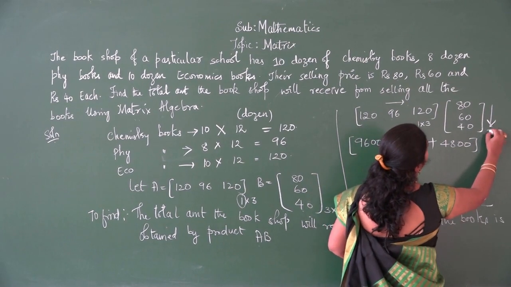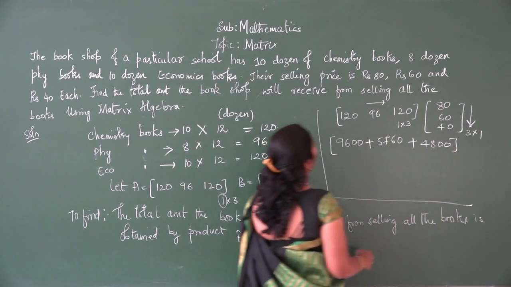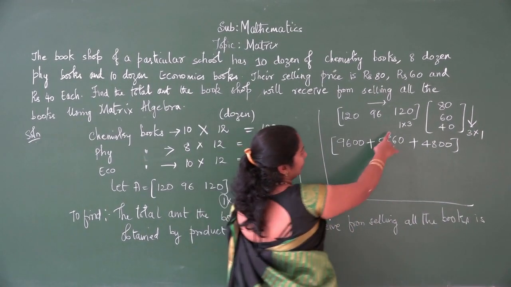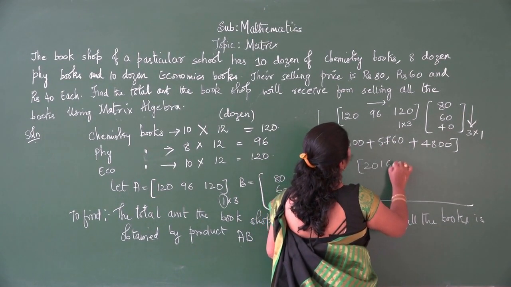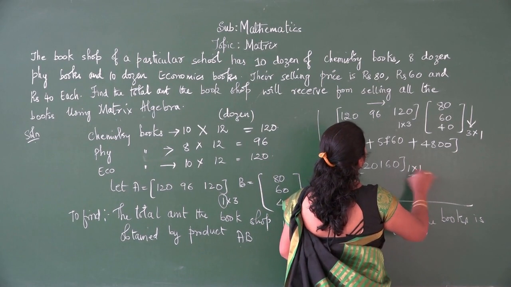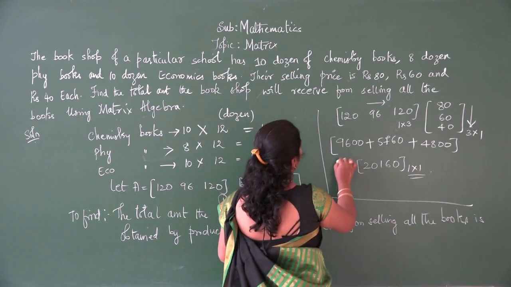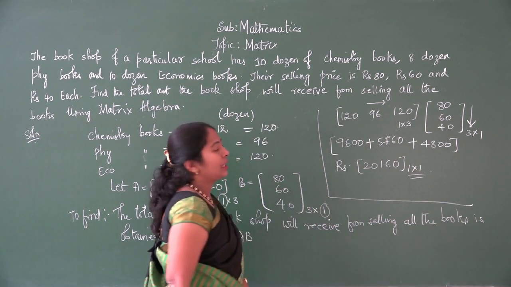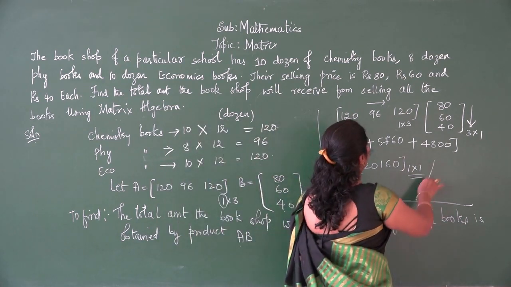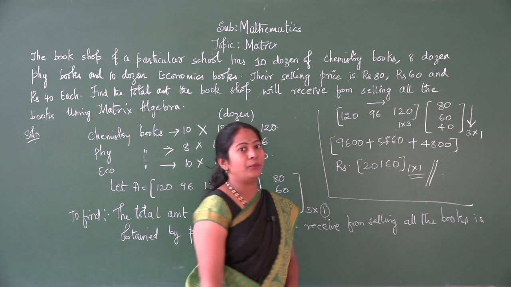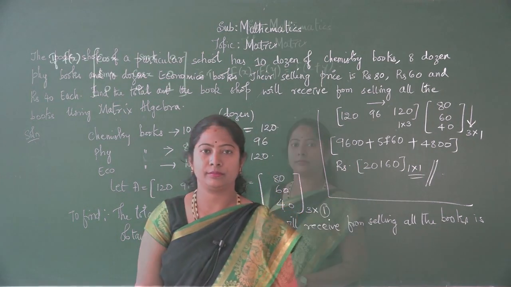What is the order of the matrix B? 3 into 1. What will be the resultant matrix? 1 into 1. This will sum up to 20,160. Therefore, the total price the bookshop will receive from selling all the books will be rupees 20,160.